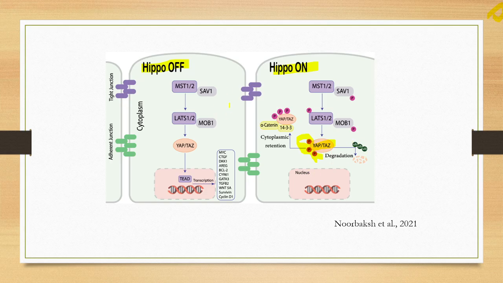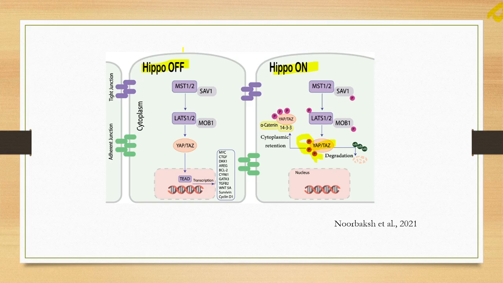Now in this case you see, when the Hippo signaling is off, this complex is unable to phosphorylate LATS1. Because it is not phosphorylated, it cannot phosphorylate YAP and TAZ, and therefore they are not marked for ubiquitination, not degraded, and can go inside the nucleus. So signaling is essentially phosphorylating all the molecules, and when signaling is not there, the phosphorylation is not taking place.